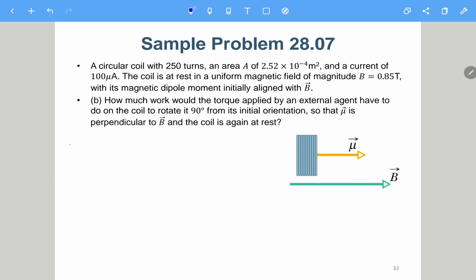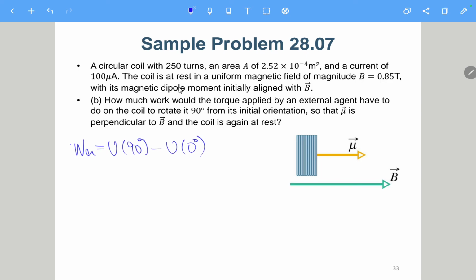So W_a equals U of 90 degrees minus U of 0 degrees.